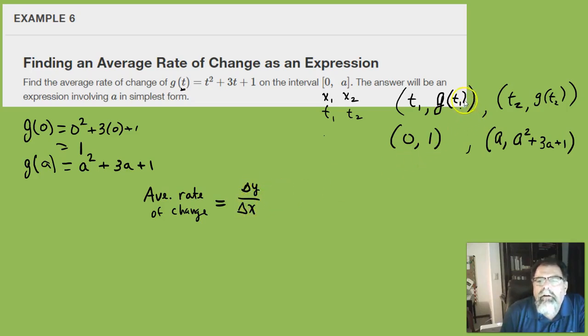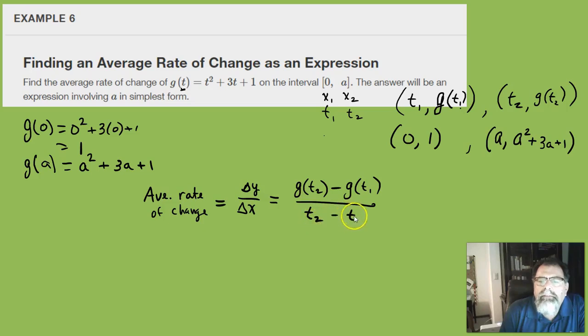The y is g of t, so g of t sub 2 minus g of t sub 1, and the x's are t1 and t2, in the same order as the top.